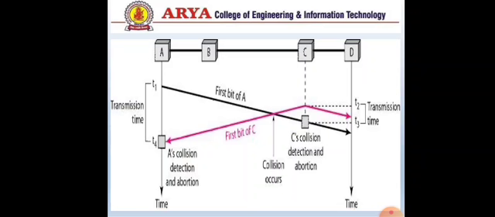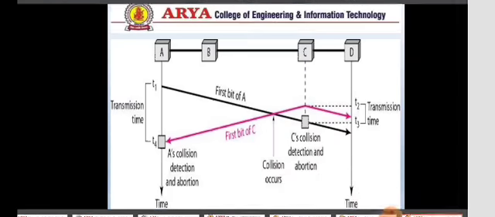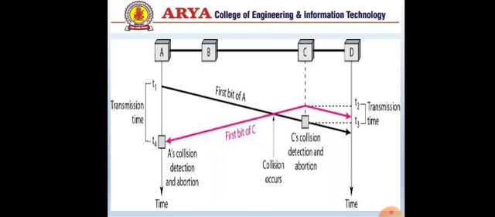Let us see how it works. Here are four stations A, B, C, D. When A transmits a bit at time t1, C does not know whether A has sent any bit or not. At time t2, C sends its packet, and at time t3 a collision occurs between A's and C's packets.